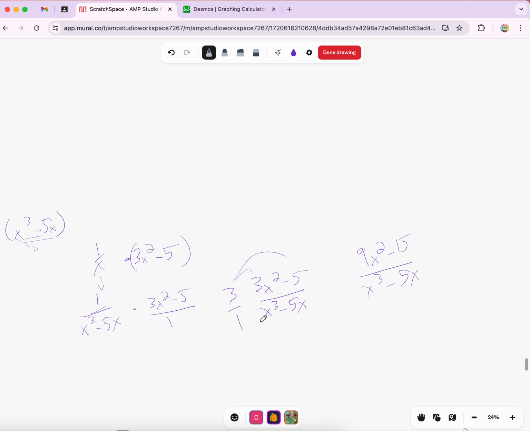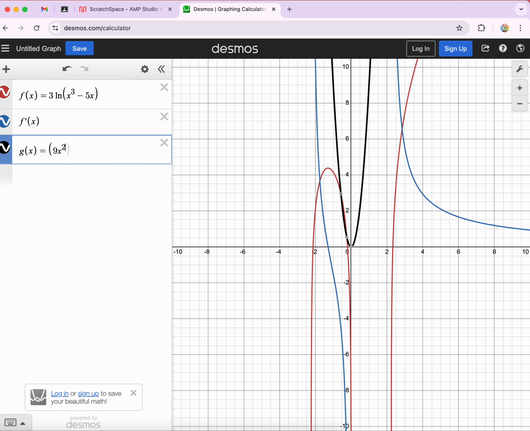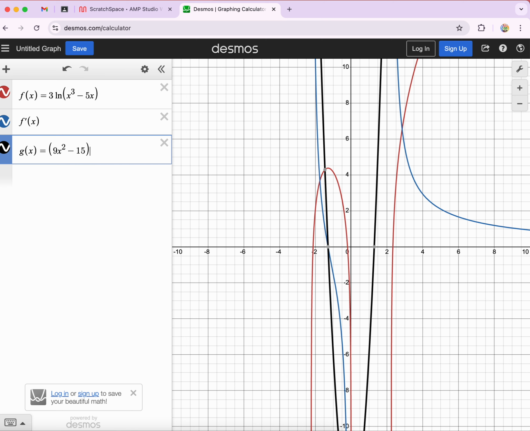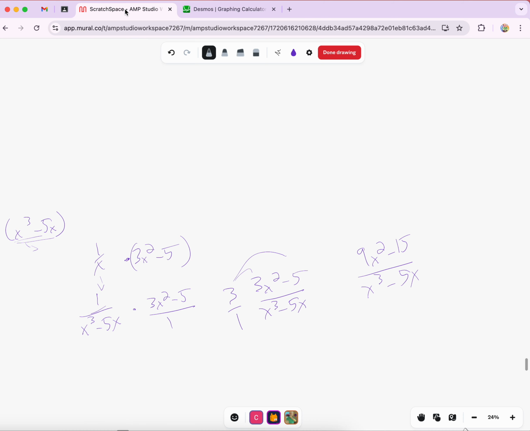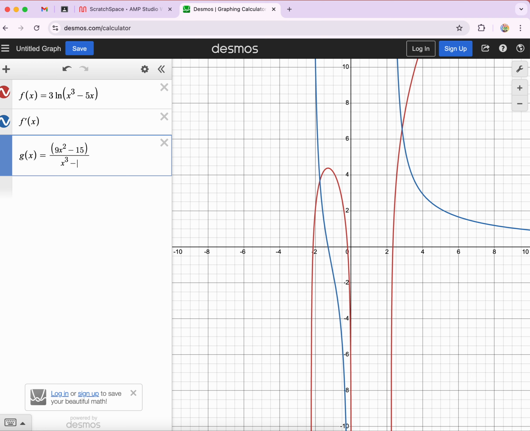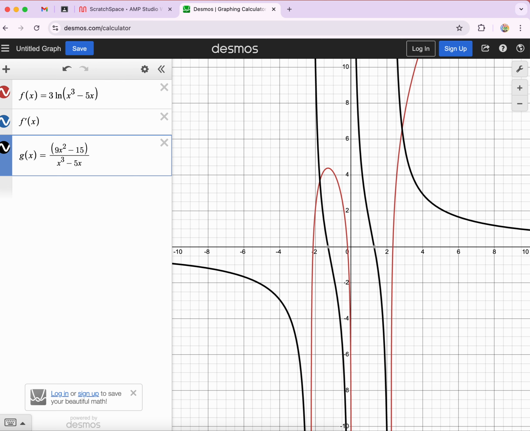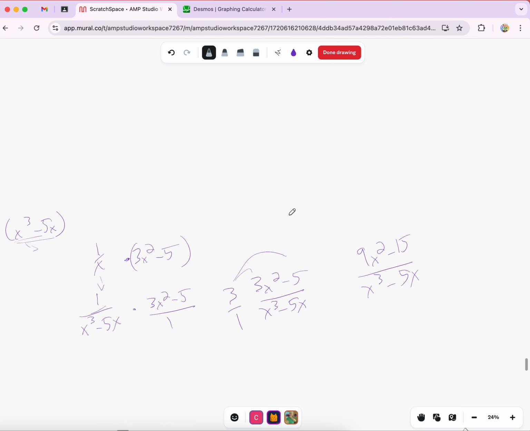And we'll type in 9x squared minus 15, so g of x will equal 9x squared minus 15 over x cubed minus 5x. All right, same situation, right? We've got some domain restriction that has to happen here, so you can kind of eliminate this one and this one. But we match up on our other ones, so we are correct.